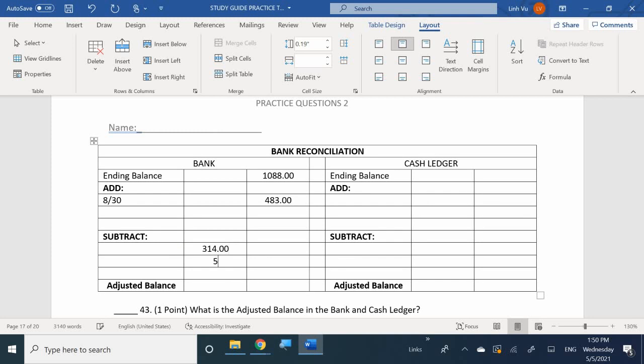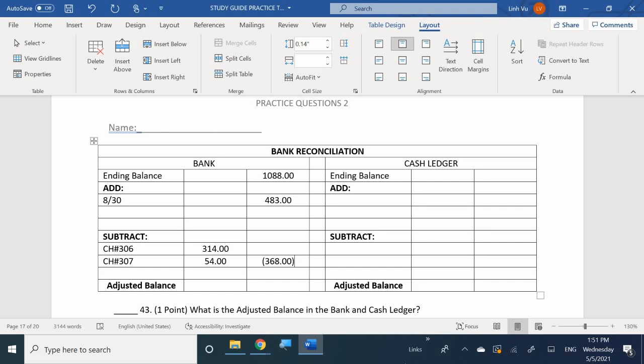Check number 306 and check number 307. So in grand total, how much am I subtracting out from this? 368. Okay? So that's what I solved for so far.